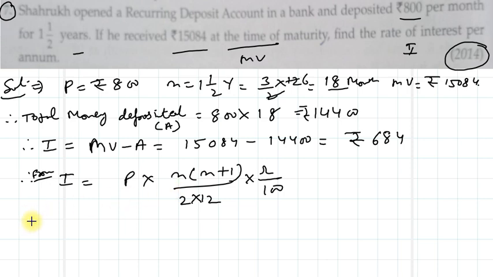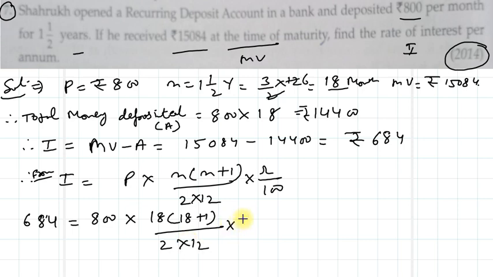I we have calculated 684. 684 equal to P 800 into n is 18 plus 1 2 into 12 into r upon 100. These 0 got cancelled with this. 6 3 ja 18, 6 2 ja 12, 2 2 ja 4, 4 2 ja 8.